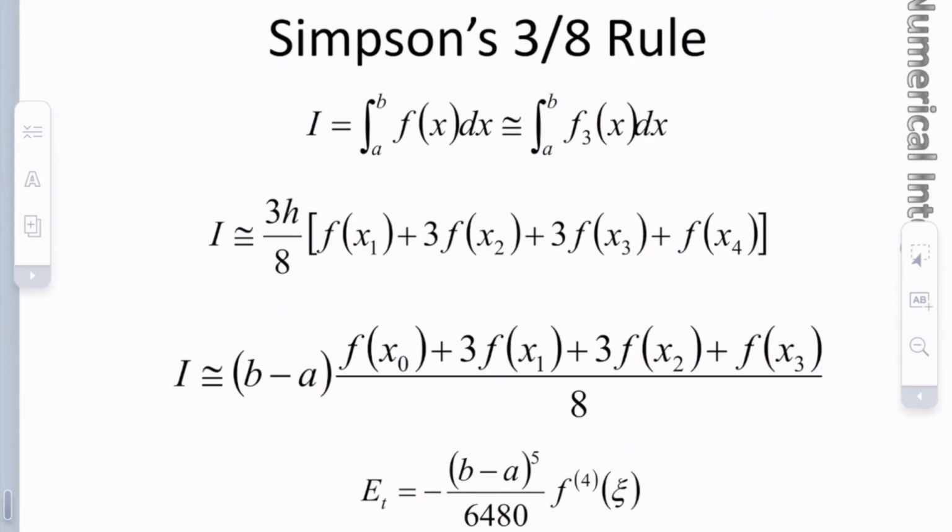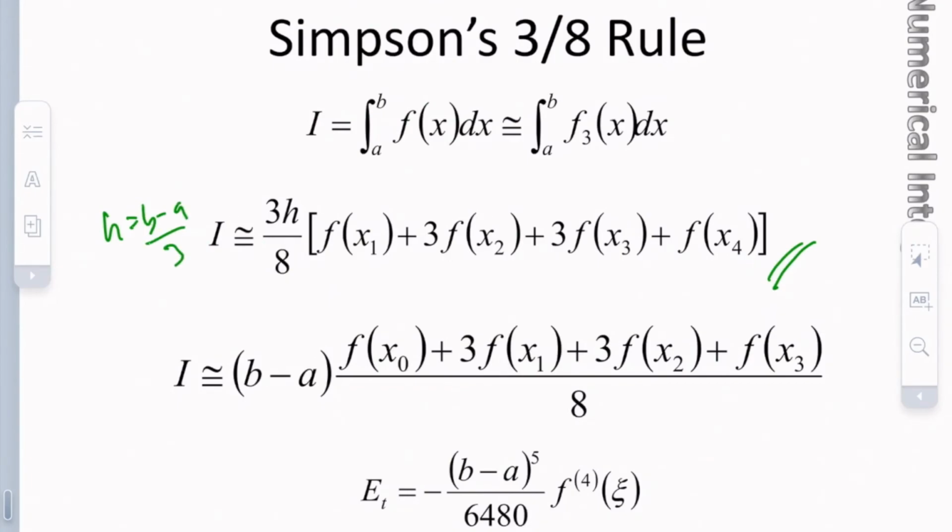Simpson's 3/8 rule results when a third-order interpolating polynomial is substituted into the general form of the integral. If a and b are designated as x1 and x4 and f3(x) is represented by a second-order Lagrange polynomial, the integration and a little algebra yields the second expression, where for this case, h is equal to (b minus a) divided by 3.